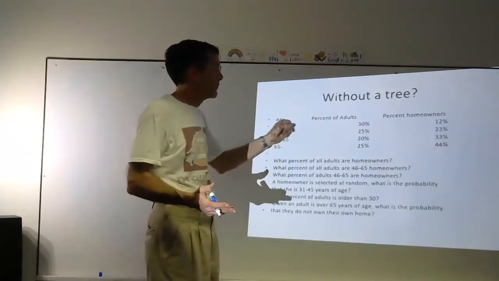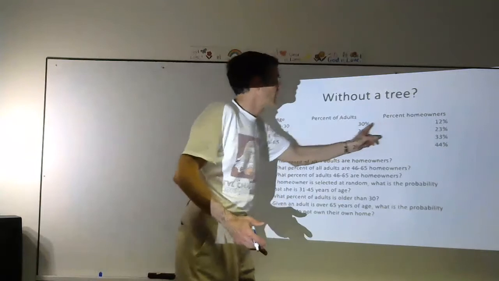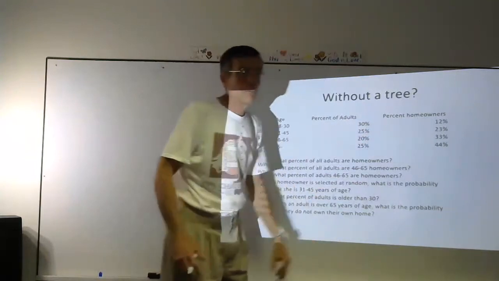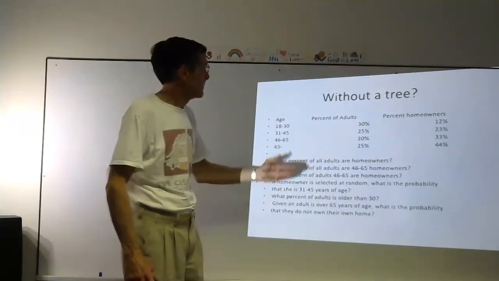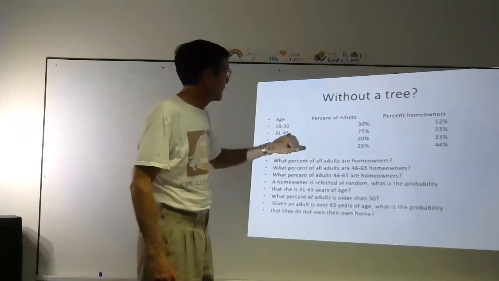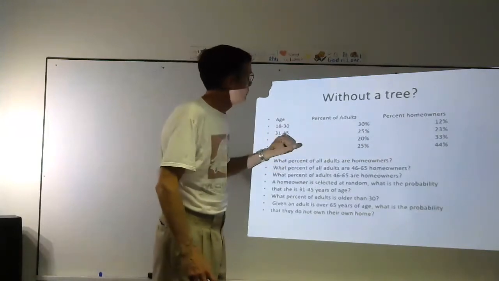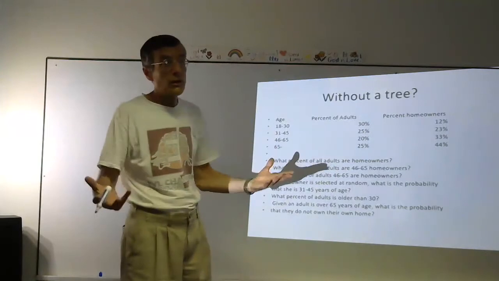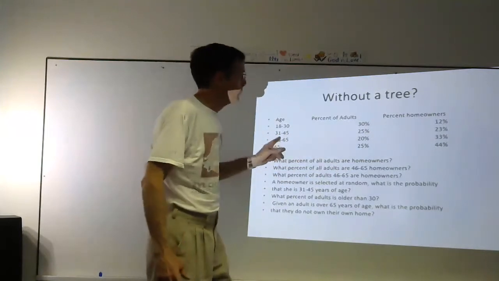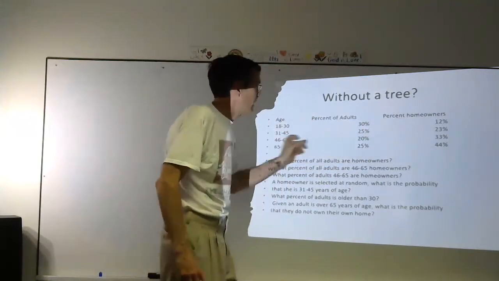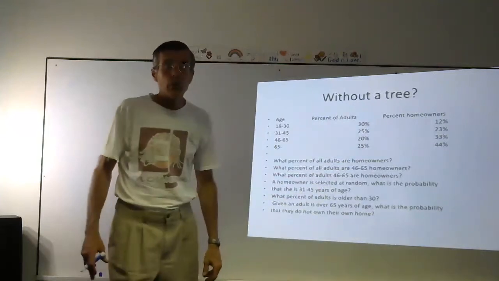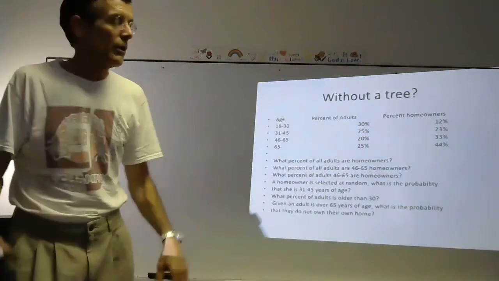And out of this group, 12% of this group are homeowners, okay? And each group is like that. Of this age group is 25% of all adults. Out of this group, 23% of this group would be homeowners, and so on, so on.